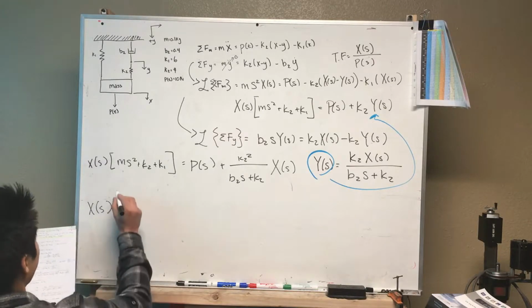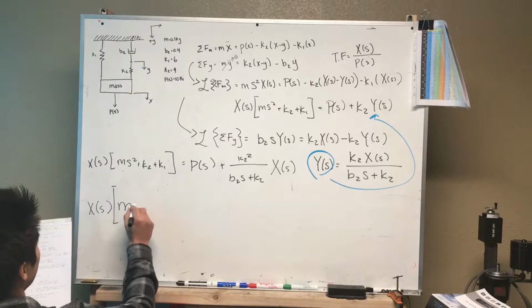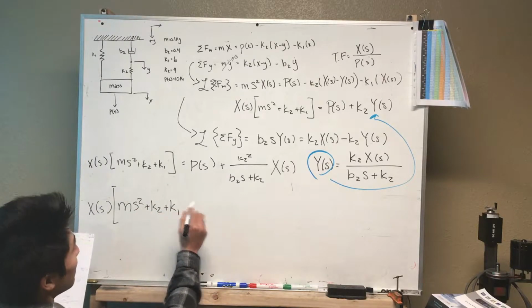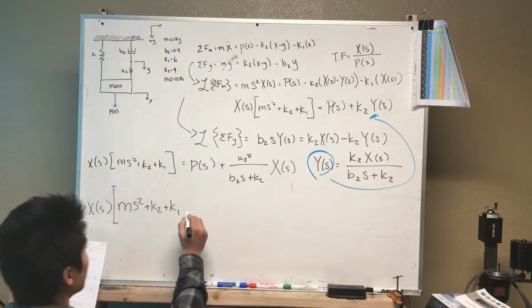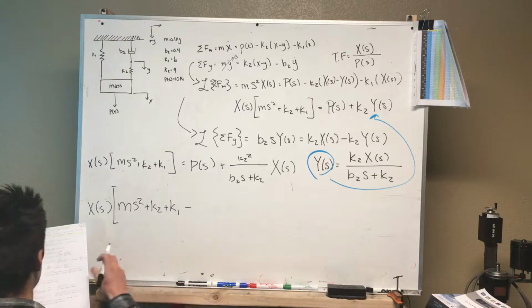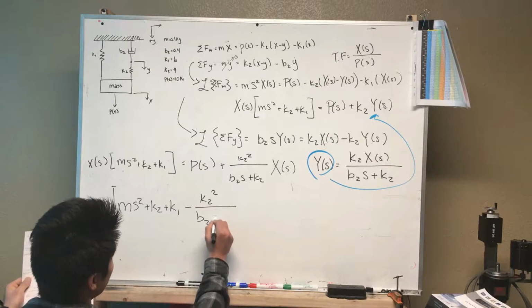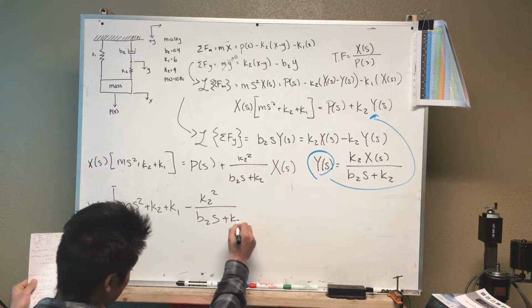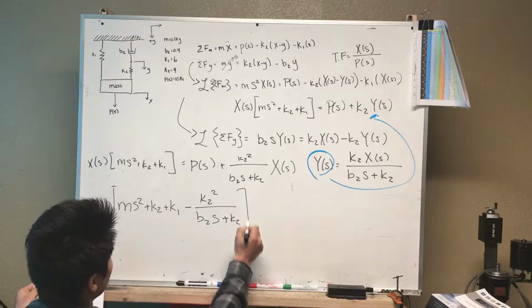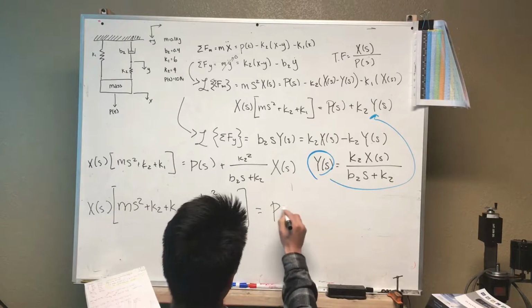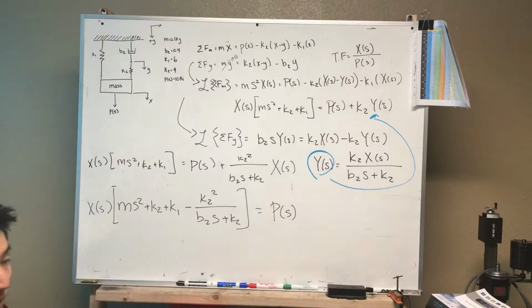And we have ms squared plus k2 plus k1, and then because this comes over here, it's going to be a minus, and that's going to be k2 squared over b2s plus k2, and that's going to be p of the s domain.